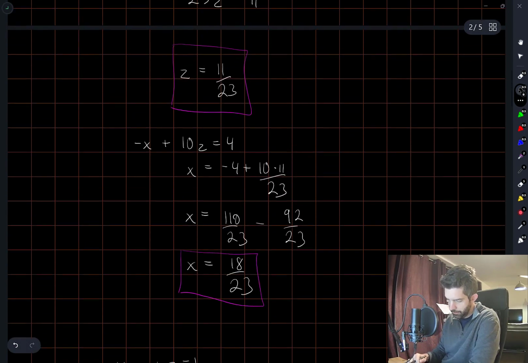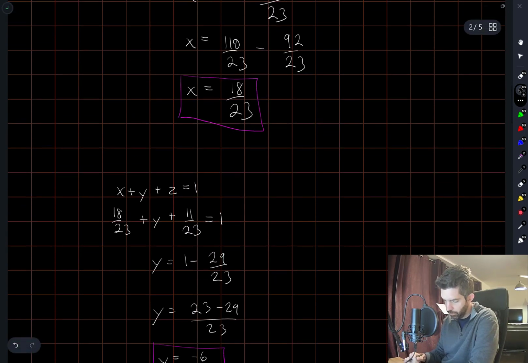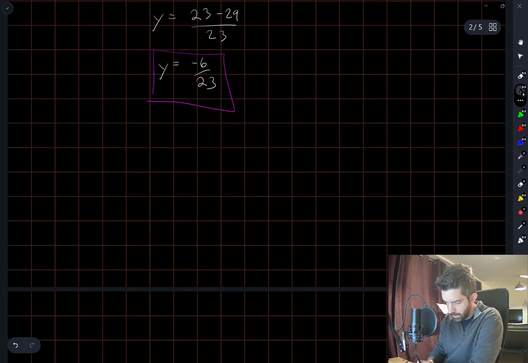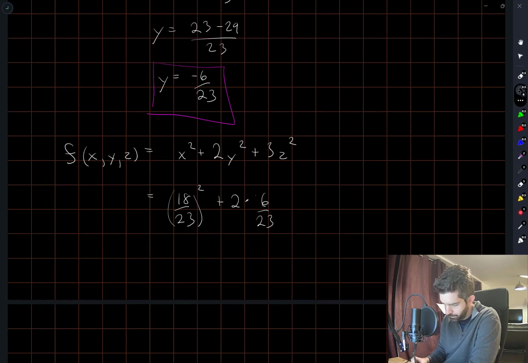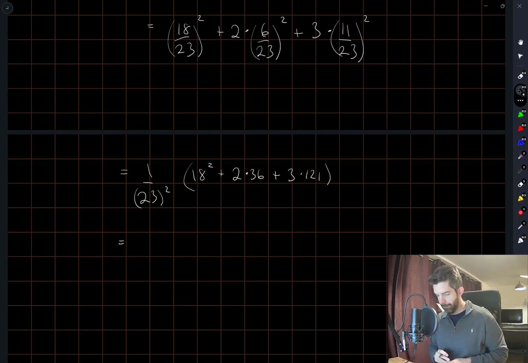Okay, so I have my values of x, y, and z. I should hopefully just be able to compute what the value of the function is now. Won't be very messy with the coefficients we're given. I don't know if there's an easy way to do this arithmetic.